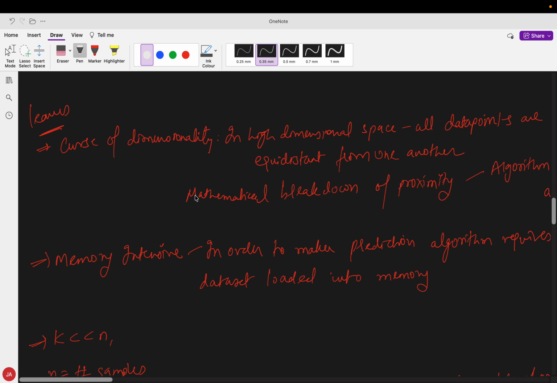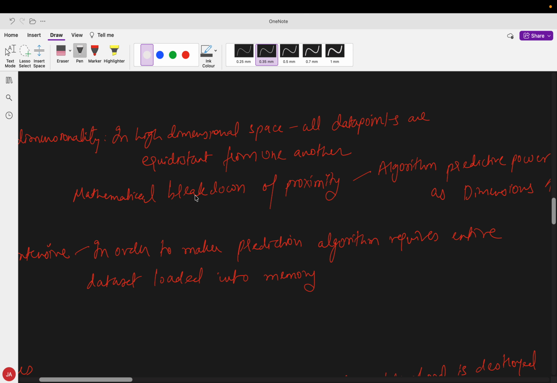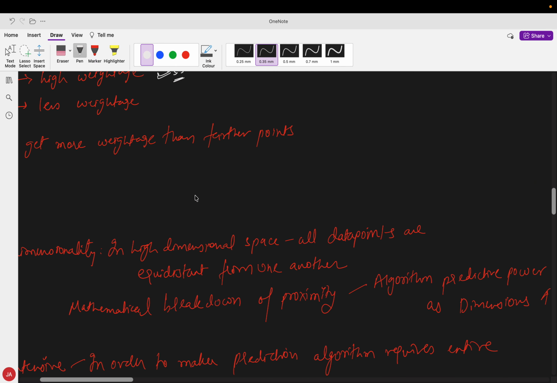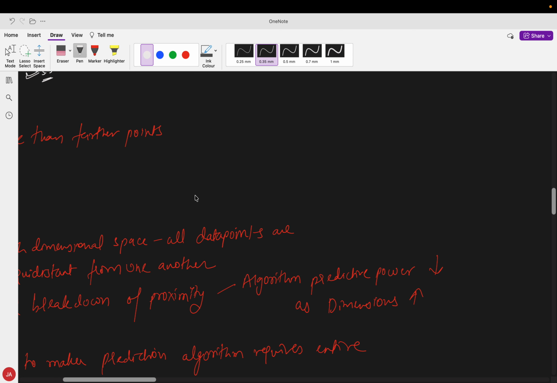Now, what are the limitations of KNN? KNN suffers from the curse of dimensionality. In high dimensional space, all data points are equidistant from one another. If the dimensions are very high, every point is equally far from every other point. So there is a mathematical breakdown of proximity. No points lie closer to one another.